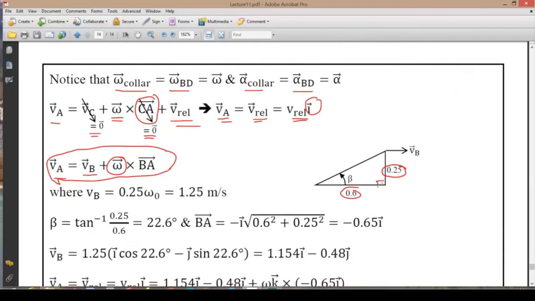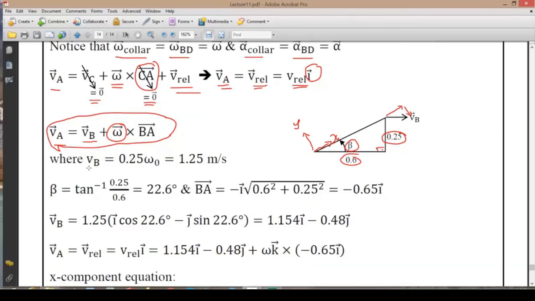So we can calculate this beta angle. And also we can resolve this VB in terms of x and y. This is the x-axis. This is the y-axis, right? So in terms of this x and y, velocity of B would be resolved by these two vectors. Positive in the x direction, negative in the y direction.